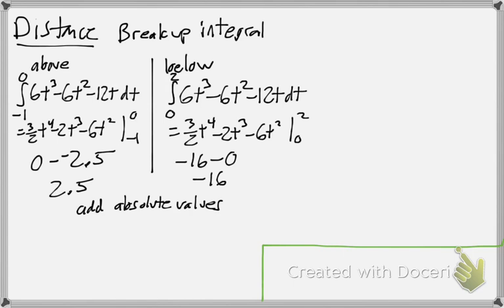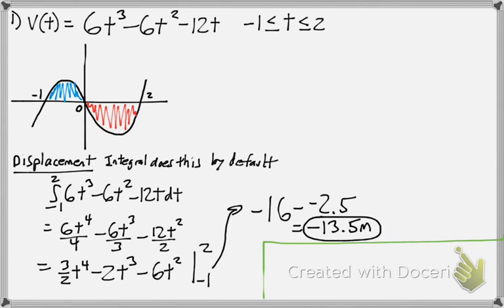So if I take 2.5 plus 16, then I get 18.5 meters. So the particle traveled 18.5 meters total, but its displacement is that it ended up negative 13.5 meters in the negative direction of wherever it started.